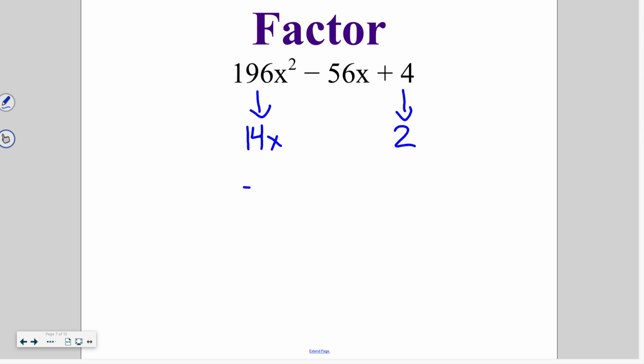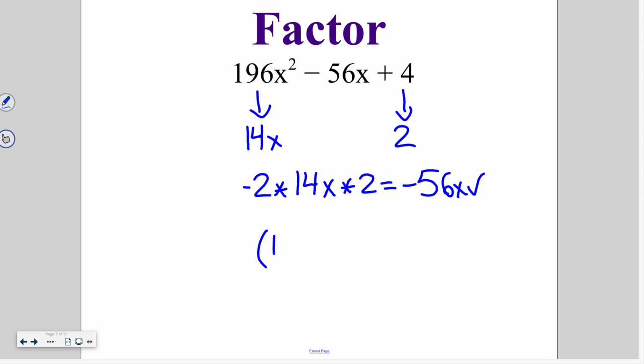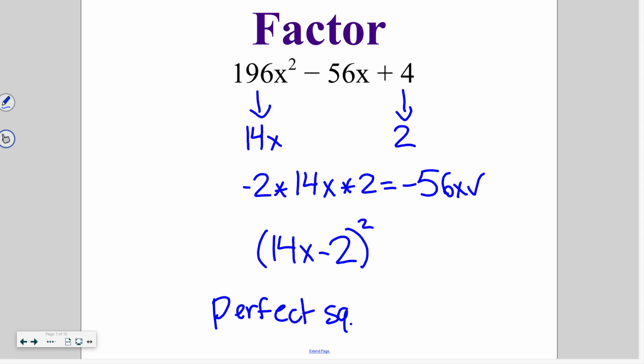Checking to see if our middle term works out, we got negative 2 times 14x, which is negative 28x, times 2, which is negative 56x. So that middle term does indeed check out. So our factored form is going to be 14x minus 2 squared, and that is using the perfect square trinomial method.